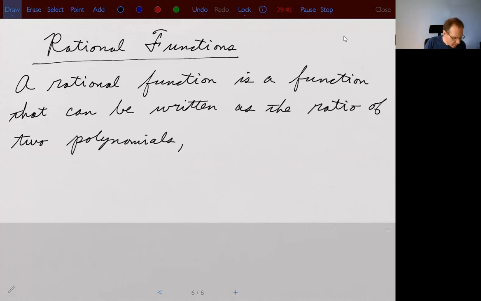And usually we call those polynomials p and q, but they can be anything, so I'll stay with that convention. So p of x and q of x. Let's say those are our two polynomials.